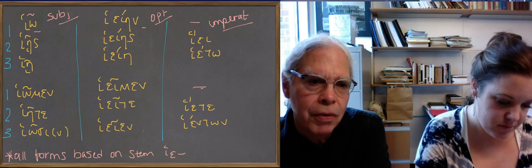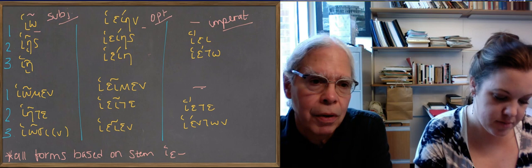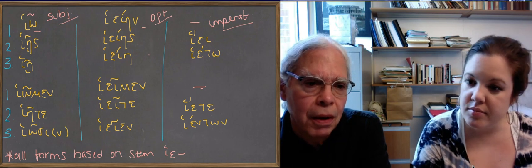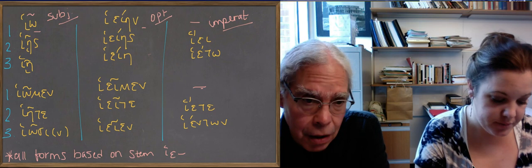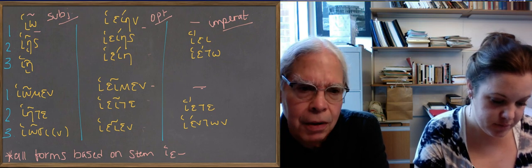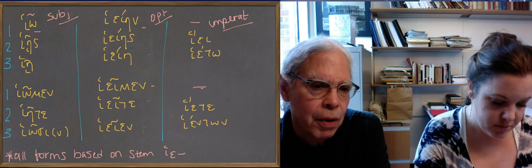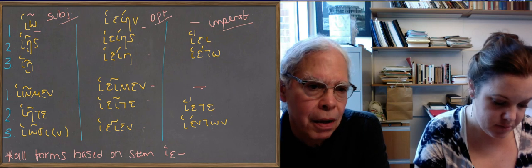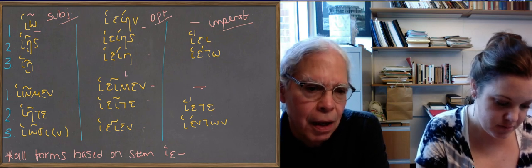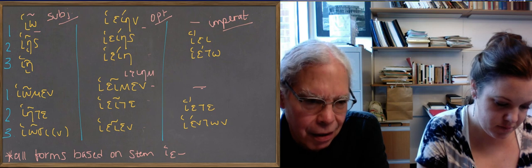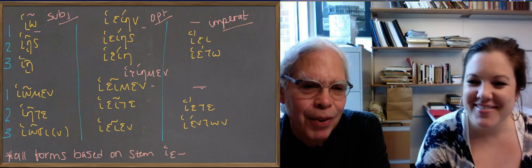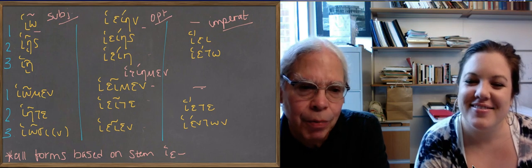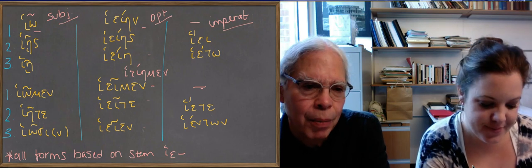Again, based on the stem hie, plus iota eta, and then the new sigma-nothing endings, and then the plural hieimen, hieite, hieien. You can also have the iota-eta optative in the plural, in other words hiemen, hiete with an eta, hien, but the shorter form is more common actually.